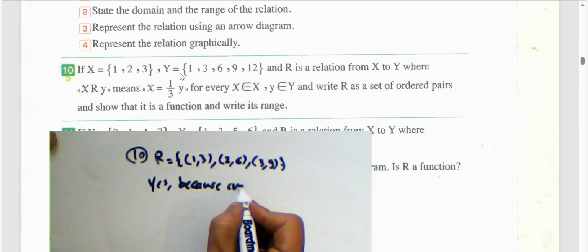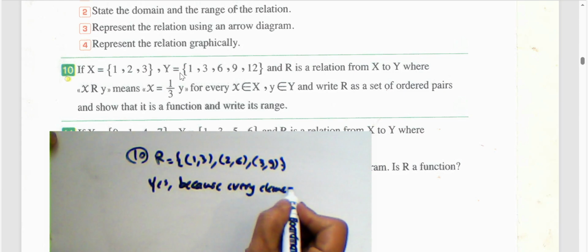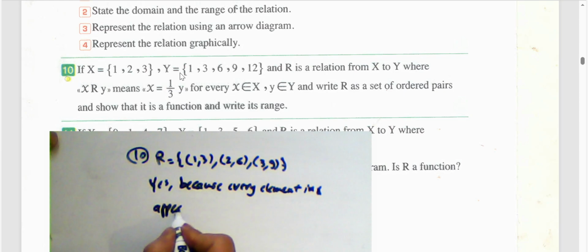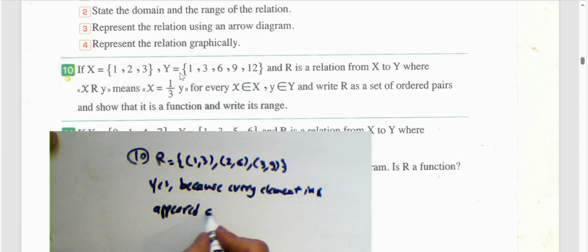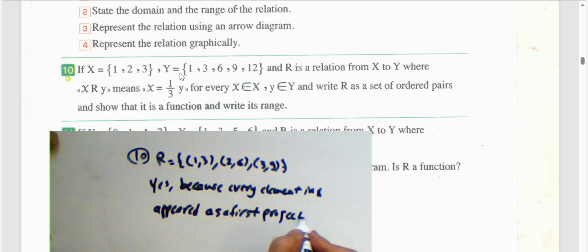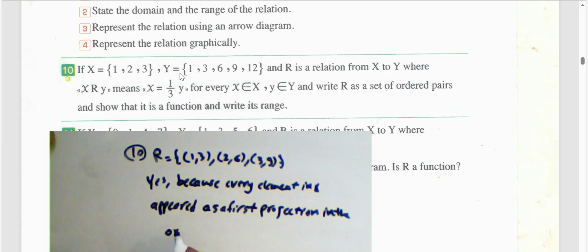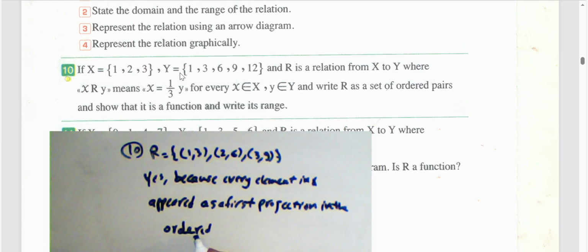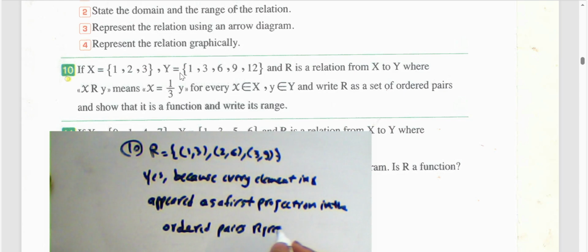Because every element in x has a first projection in the ordered pairs representing the relation.